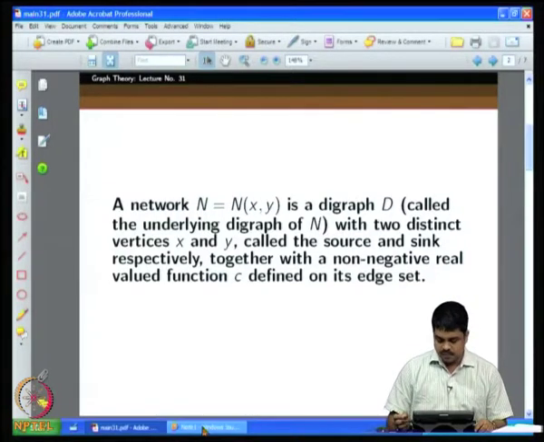And also with each edge or arc of the underlying directed graph, a non-negative real value will be given. So, that means a non-negative real valued function c is defined on the edge set. So, these are the capacities.